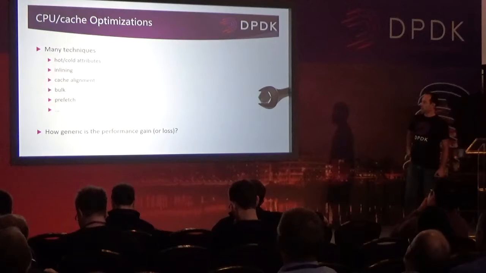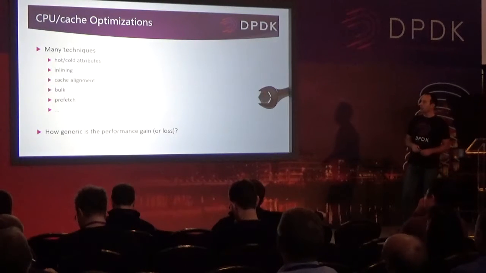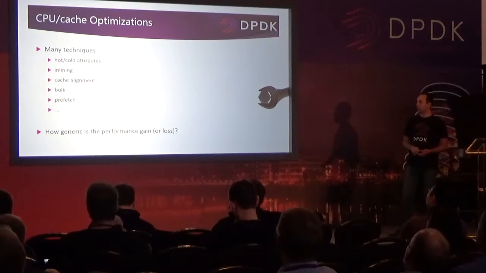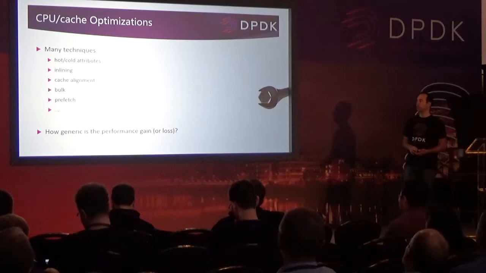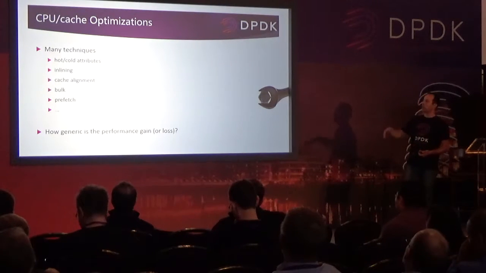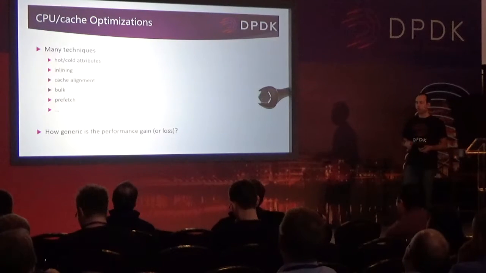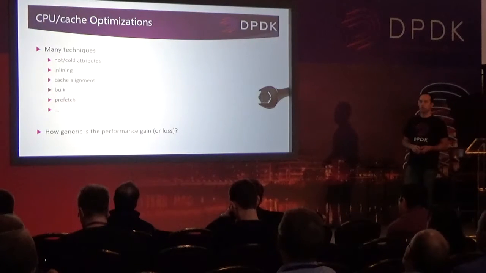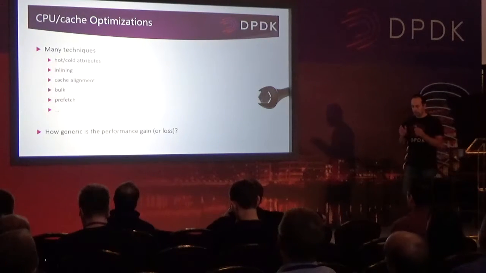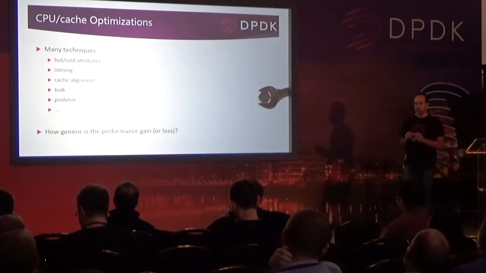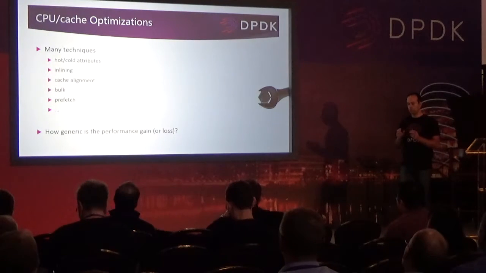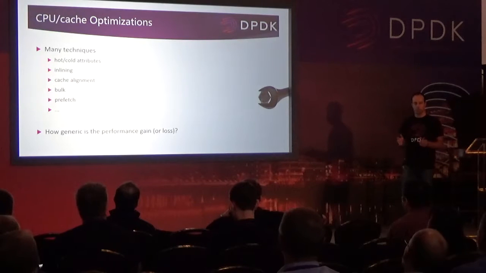In the same idea, we are also using other optimization techniques, like inlining, taking care of the cache elements, and prefetch and so on. But there are some small optimizations which we can do when the code is working.